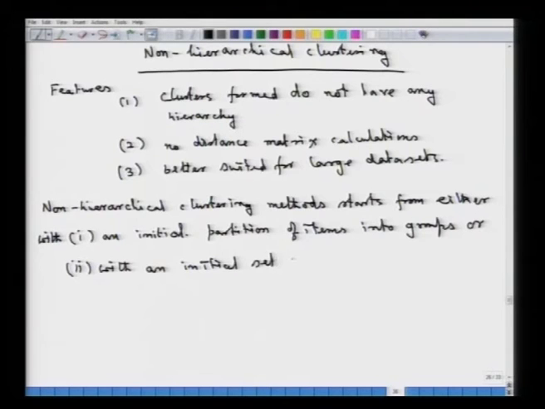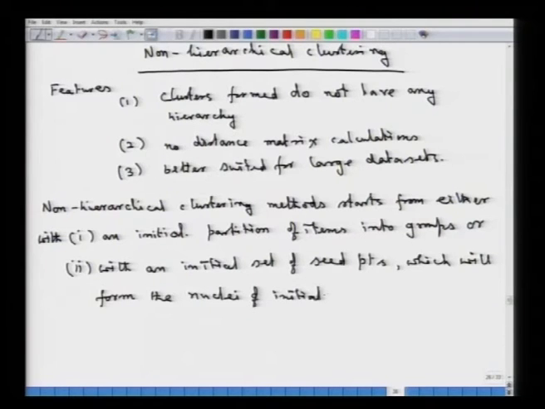I will explain what I mean by seed points. These seed points will form the nuclei of initial clusters.